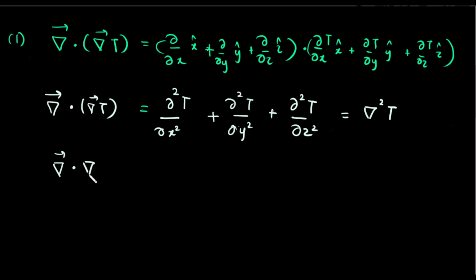You can also write it by putting parentheses between these del operators. If we calculate the dot product of the del operator and the del operator, it is going to be del squared t, because the magnitude of the del operator is del, and the magnitude of the other del operator is del, so it's del squared t.